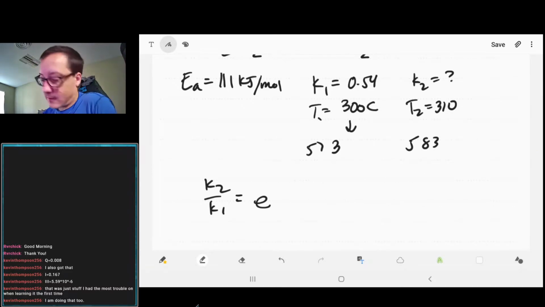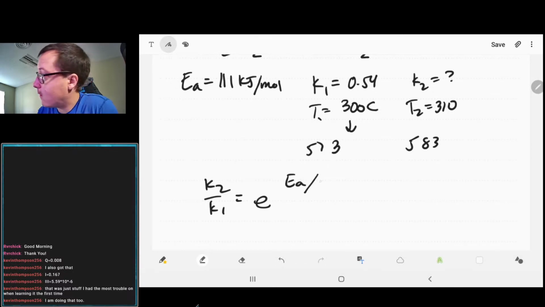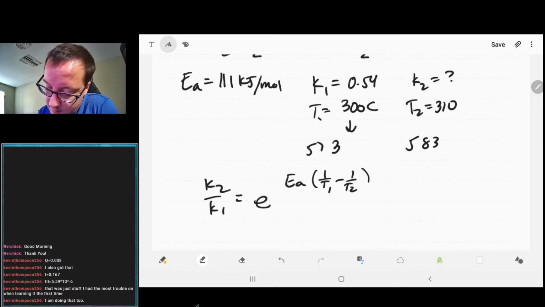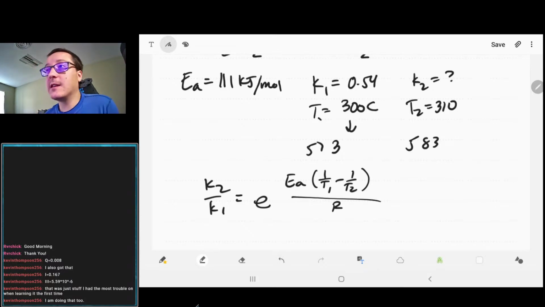So we have this is actually, so EA times 1 over T2, no, T1 minus 1 over T2 over R. Remember that EA is in kilojoules, R is in joules.